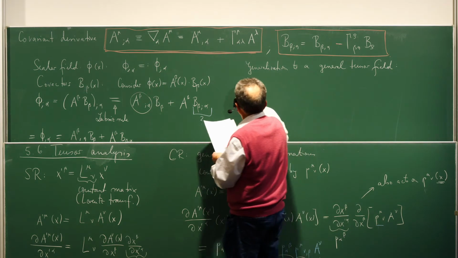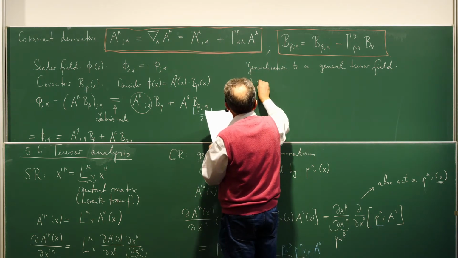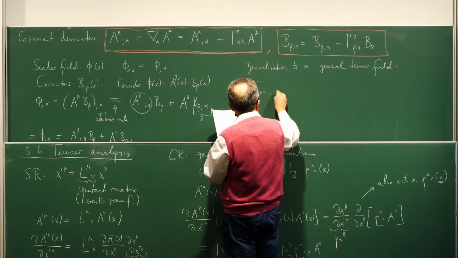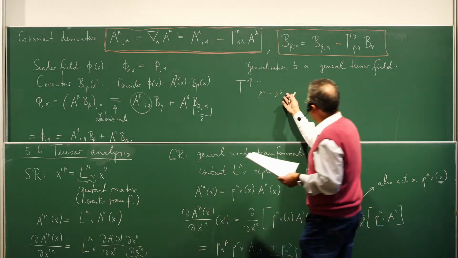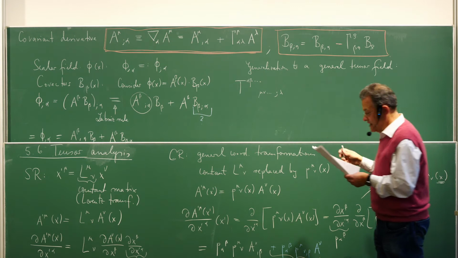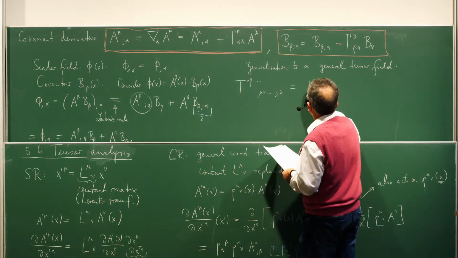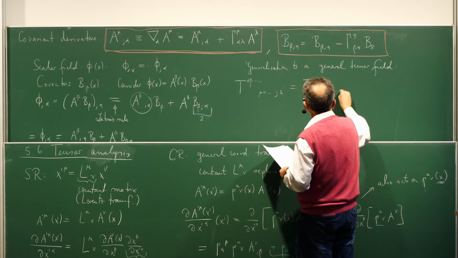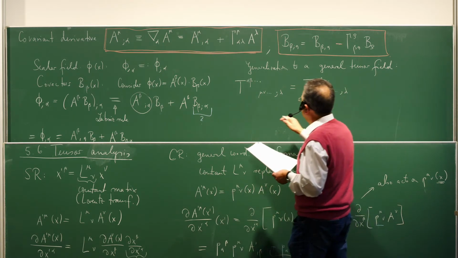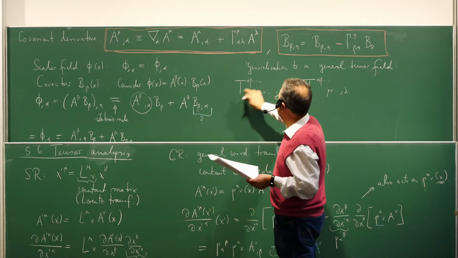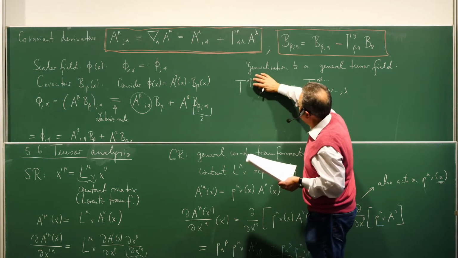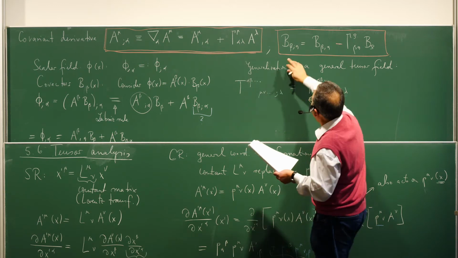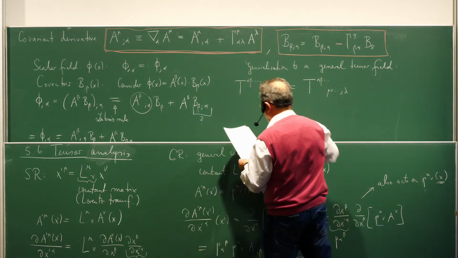Let me call it T^{αβ...}_{μν...;λ}. So, the covariant derivative with respect to x^λ. The first term is then the ordinary derivative. And then let us first write it down with respect to α. To write this down, you just ignore all the other indices except for α, and you apply this rule here.